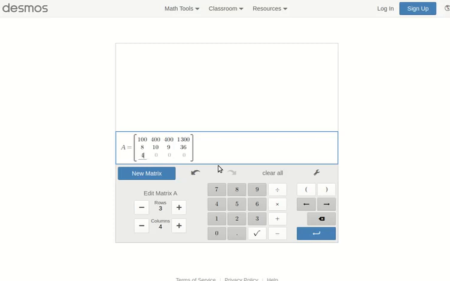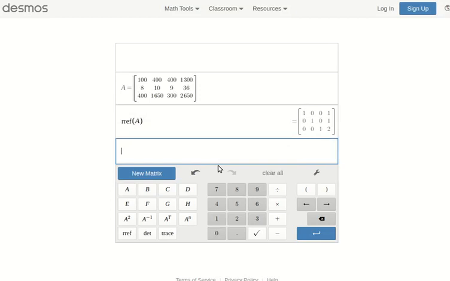We've got 400, 1650, 300, and 2650. RREF A, and you can see my answers would be 1, 1, and 2. It's always the last column. That's your answers. So how many A's, how many B's, how many C's? 1, 1, and 2. I have one last problem.